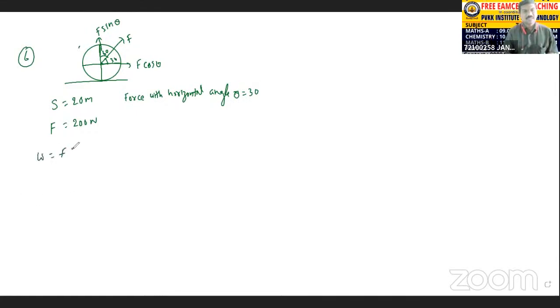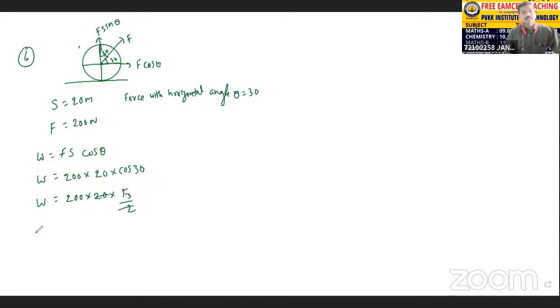So what is the formula? W is equal to F s cos theta. W is equal to F 200 into S 20 into cos 30. W is equal to 200 into 20 into cos 30 value. Cos 30 value is root 3 by 2.